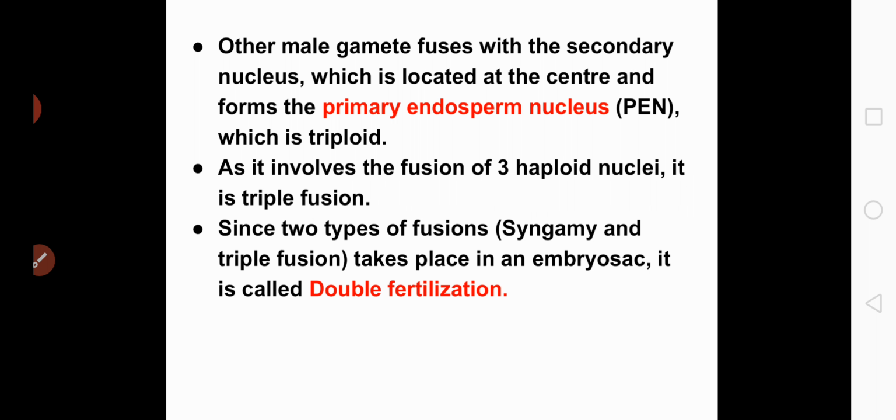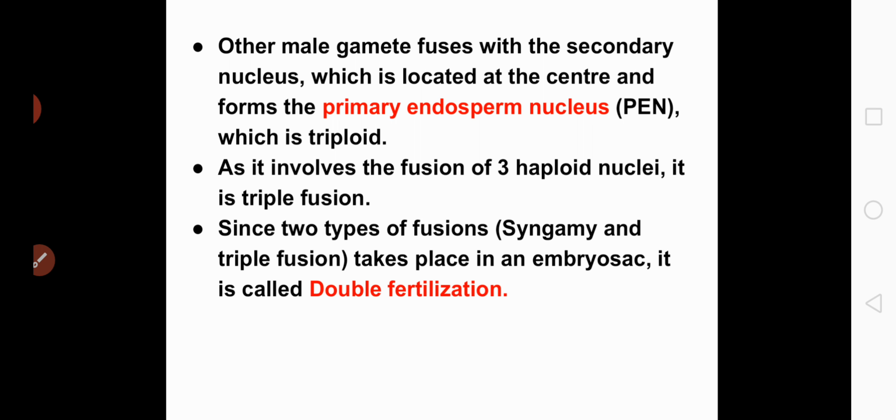Right? Now the other male gamete fuses with the secondary nucleus and forms the primary endosperm nucleus, which is triploid. As this process involves the fusion of three haploid nuclei, it is termed triple fusion, and since two types of fusions take place in an embryo sac, the process is called double fertilization.